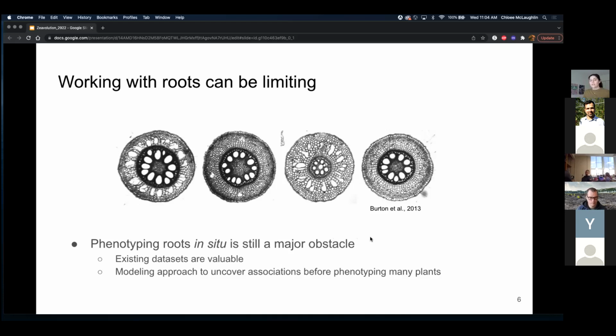Because phenotyping roots is still a major obstacle, this increases the value of existing data sets, and also of a modeling approach where we can uncover associations between various pieces of information, whether phenotypic, genotypic, or environmental, before we grow many plants. So we can be a little more specific with our questions before we go through the huge phenotyping effort.